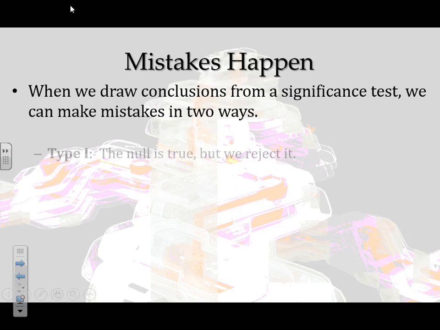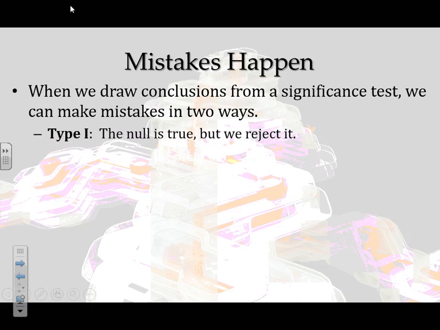First, we can make what's called a type 1 error. A type 1 error is when the null hypothesis is actually true, but we reject it. So the original assumption was correct, but based on our sample value, we chose to reject it.